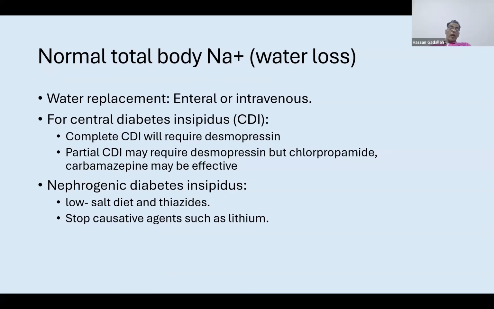There is an agent called desmopressin, which is a synthetic analog of antidiuretic hormone. This agent can be used transnasally through a nasal spray, or it can be used intravenously. It's available in both forms. We can use it for replacement therapy for patients with central diabetes insipidus, whether it's complete or partial, because sometimes it's partial, not complete.